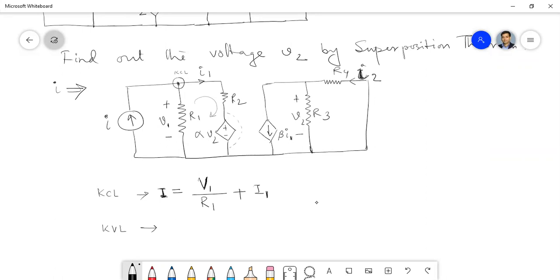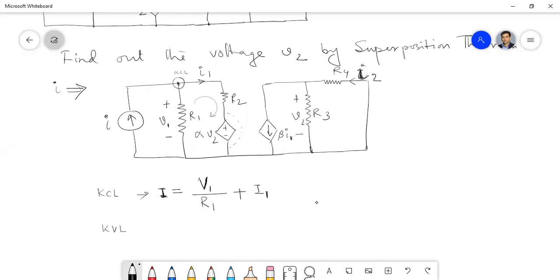Plus alpha V2, and alpha V2. I1 minus I into R1.